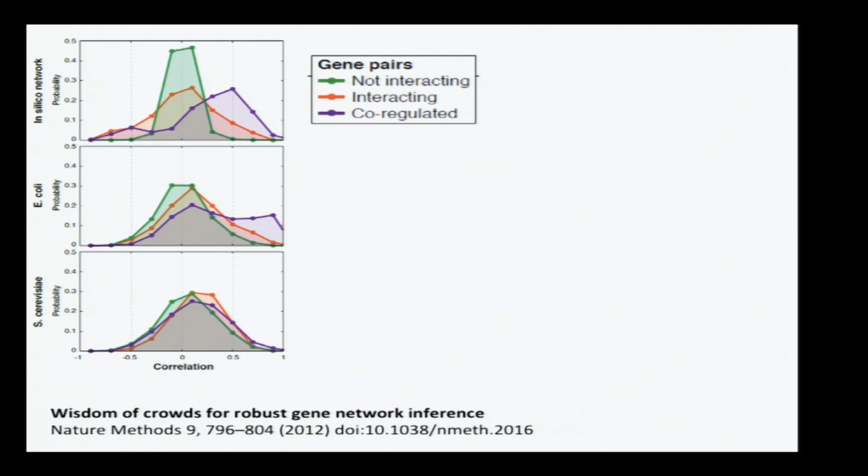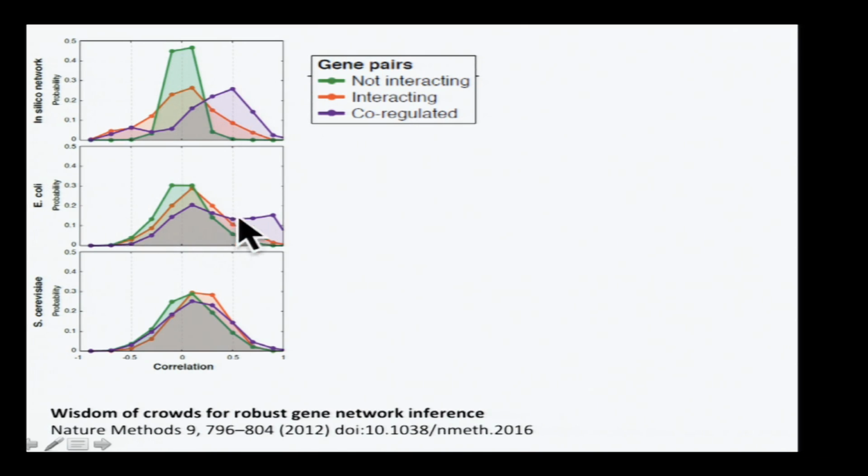In the in silico data, they give a very nice spread between the green, the orange, and the purple. The co-regulated genes are very highly correlated with each other. The ones that are parent-child relationships, a regulator and its target, have a pretty good correlation, much different from the distribution you see for the things that are not interacting. And on these data, the algorithms do their best.